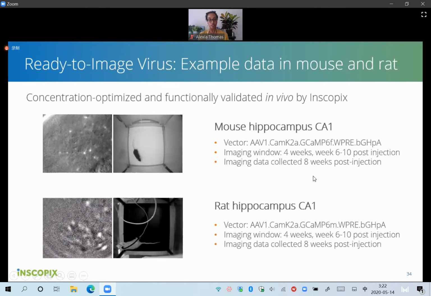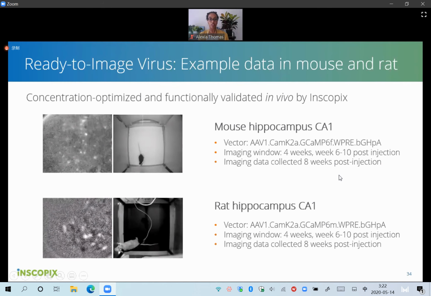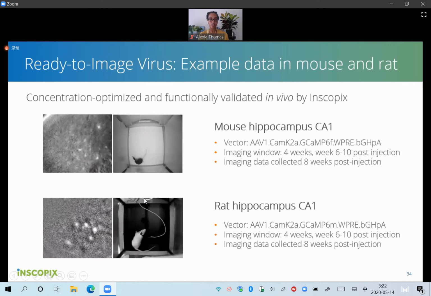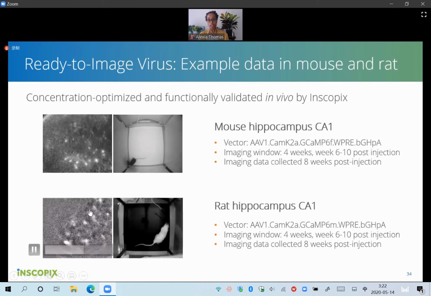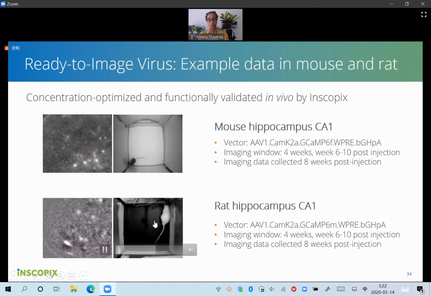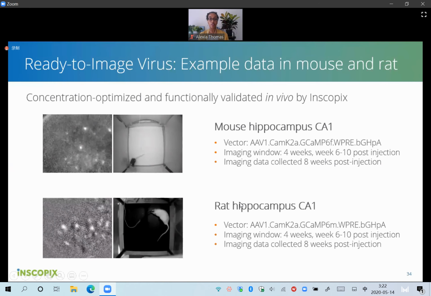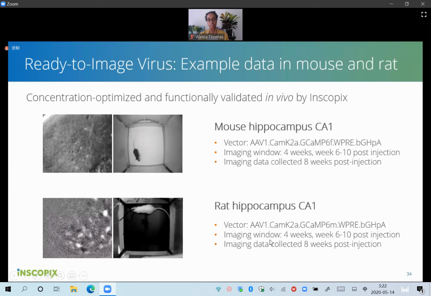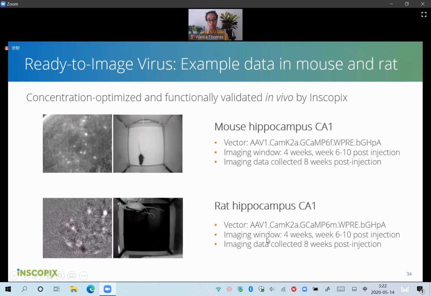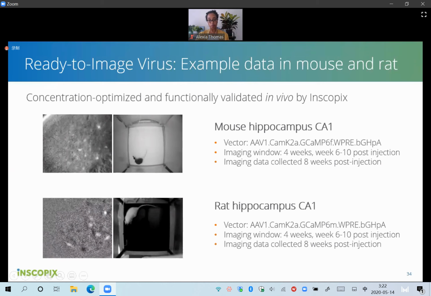Obviously, if your work requires longer, it's worth seeing how this would behave at a longer time. And below, you can see data from rat hippocampal CA1 recordings and the corresponding animal behavior. Similarly to the mouse hippocampal CA1 recordings, we would provide you some of the essential data that you need to know about these viruses to enable your imaging success.